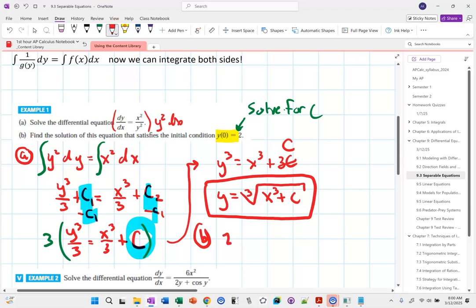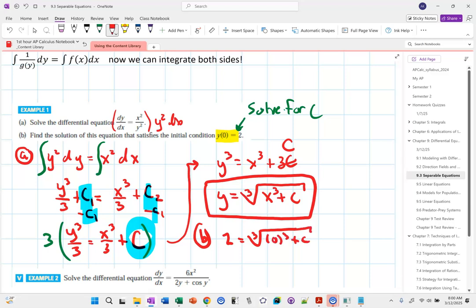So I can just say 2 is equal to the cube root of 0 cubed plus c. And I see then that c is equal to 8, right? If I cube both sides. So my final answer will be y equals the cube root of x cubed plus 8.